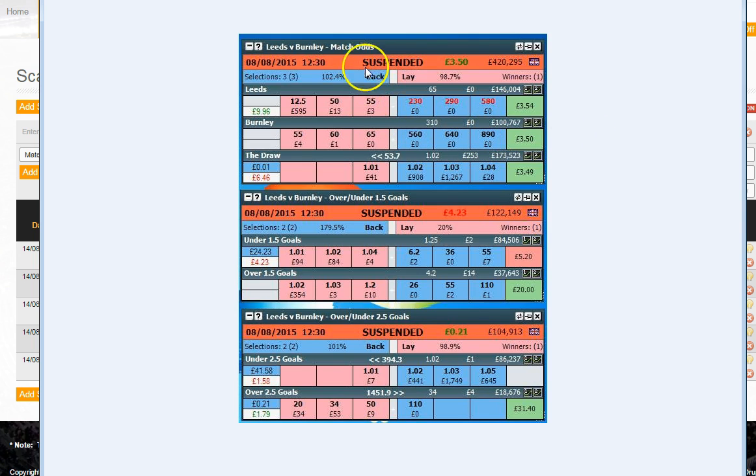You can see here that we've been involved with a match odds market, under 1.5 goals and under and over 2.5 goals. The match actually finished 1-1, so our profits were based on the draw market there, £3.49. Over 1.5 goals, this was £20, and obviously it was under 2.5 goals, so that was a scratch there.